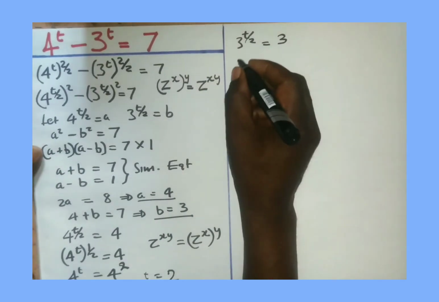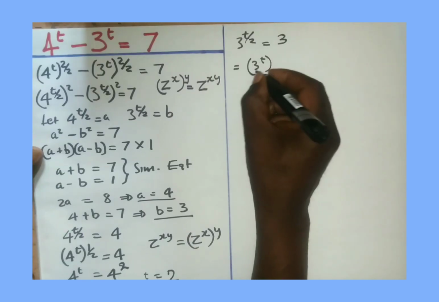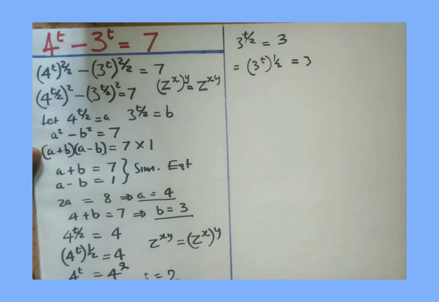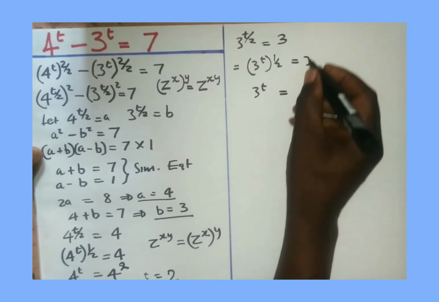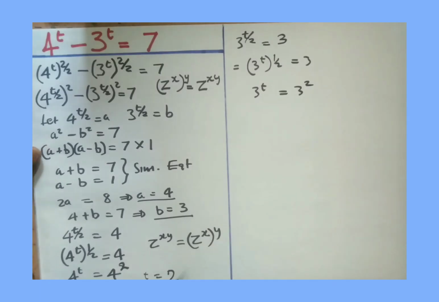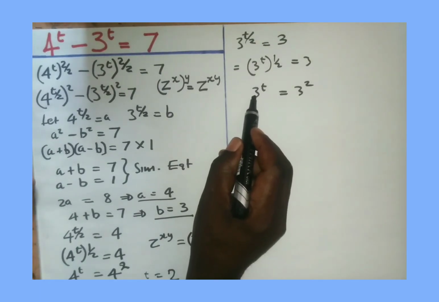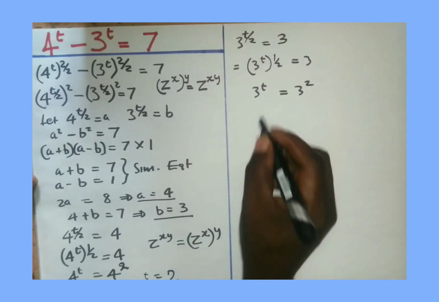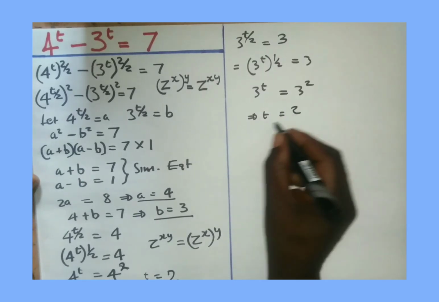We can write this as before, as 3 to the power t, raised to the power a half, is equal to 3. Let's square both sides. We get 3 to the power t is equal to 3 squared. Again, the base is the same. It's 3 on both sides. So we can equate the powers. So therefore, this means that our t is equal to 2 as before.